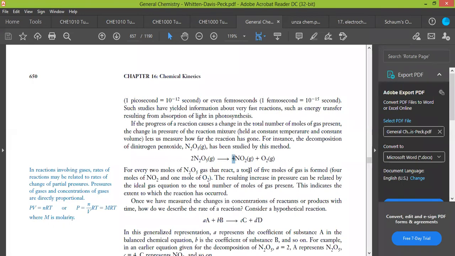So what you're supposed to know is that once we have measured the changes in concentration of reactants or products with time, how do we describe the rate of the reaction?